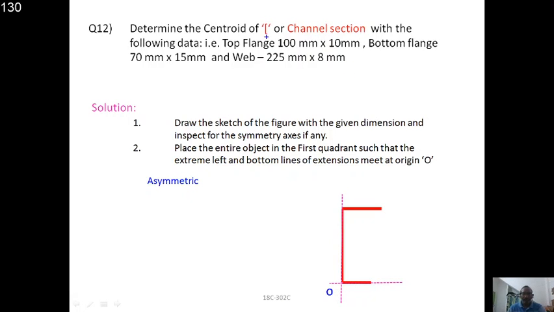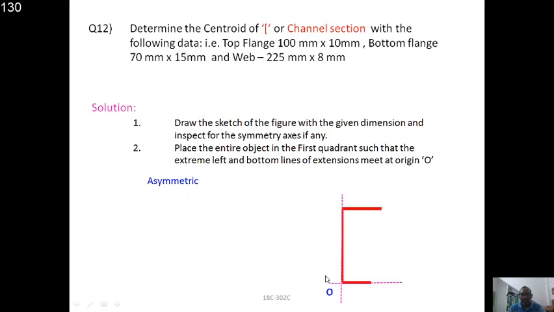For this, the top flange dimensions and bottom flange dimensions are different. In the earlier case, the top flange is 100 by 10 and the bottom flange is also 100 by 10. But in this case, it is 70 by 15 mm. The thickness is also varied, right? And the width is 100. Now the width is 70.